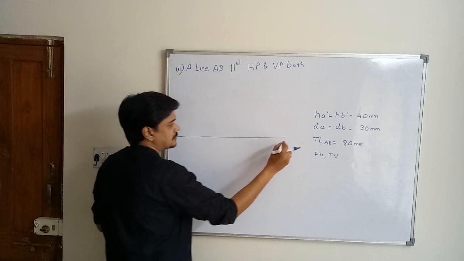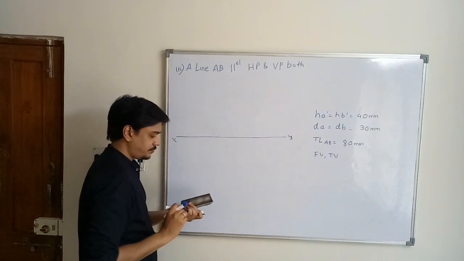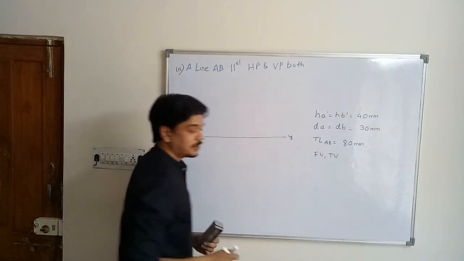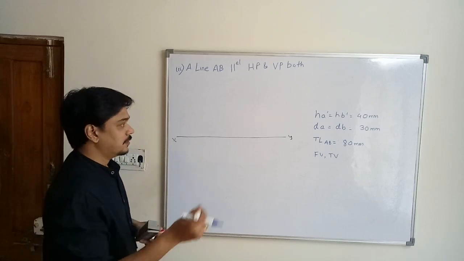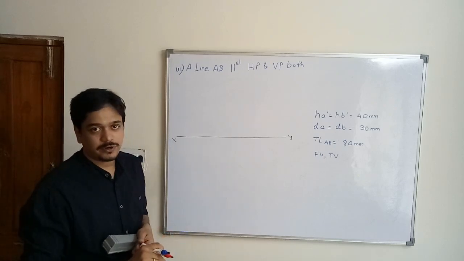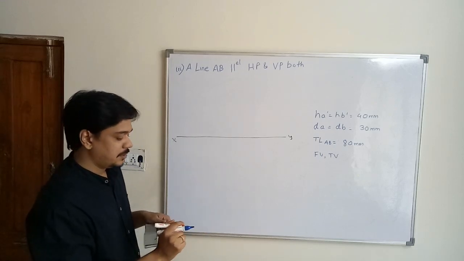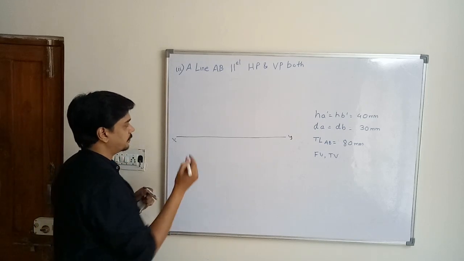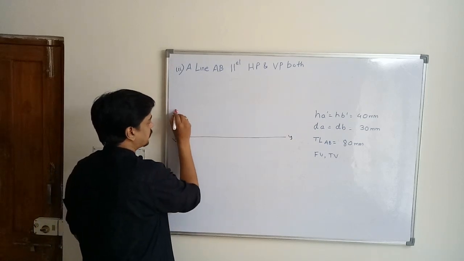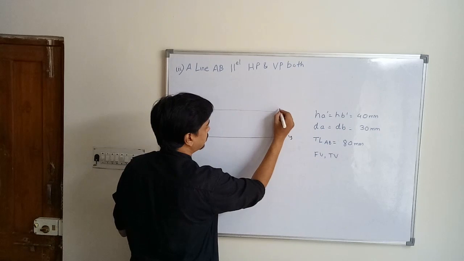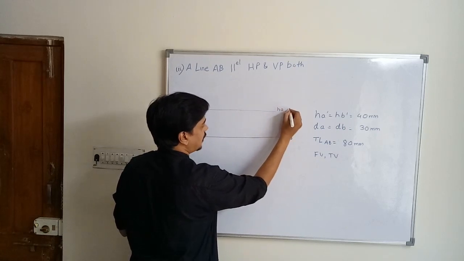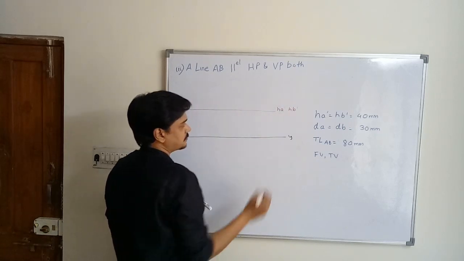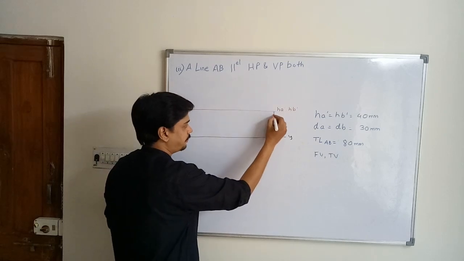So this is the reference line XY. Next you will draw the heights, that is 40 mm and 30 mm. The height of A dash is 40. So this is the height of A dash as well as the height of B dash. It is 40.